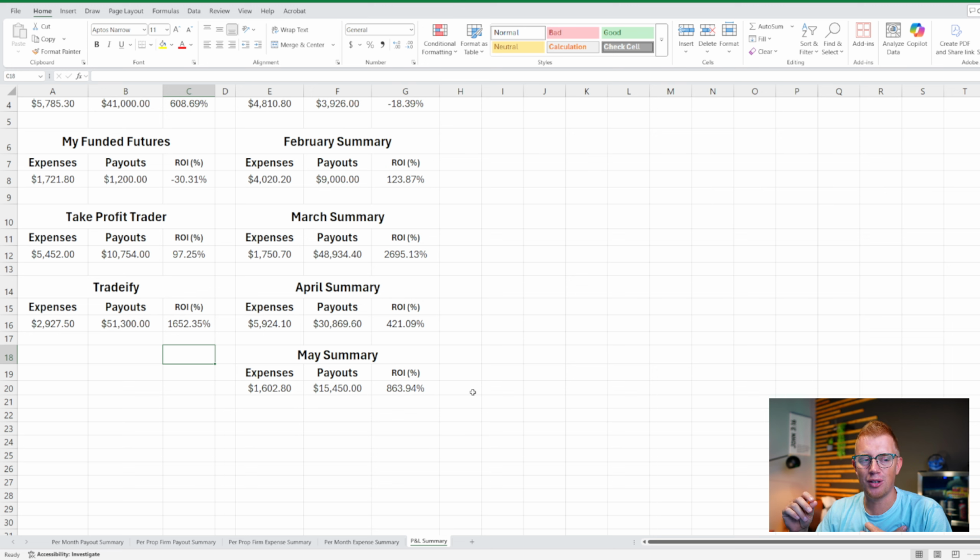In the prop firm industry, I feel like there are two different camps. There's the camp of cycling accounts, where the only goal is to get more payouts than expenses. That's the only thing they care about, and they don't focus on trading well. It's not about learning how to trade.